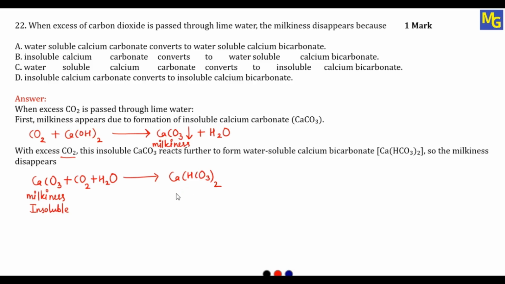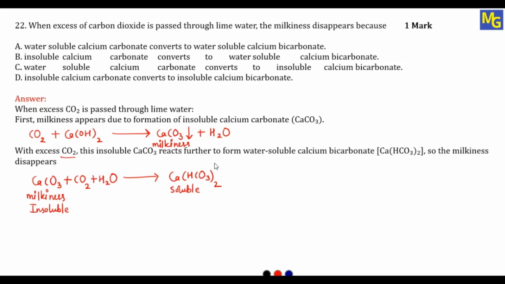And this calcium bicarbonate is soluble. Once this gets dissolved, the water will become clear. Earlier it was a little milky, whitish, but after passing excess of CO2, it became soluble, or clear.